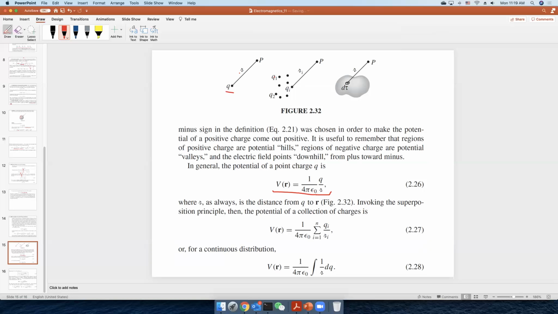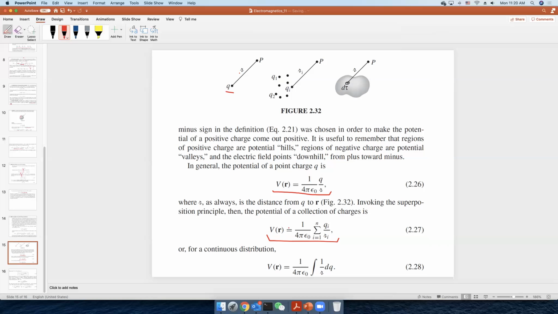If you have multiple charges, Q1, Q2, until Qi, and you want to calculate the potential at P, you can do a sum of the potentials generated by each charge, which is described in this equation. This is the sum of potentials generated by Q1, Q2 until Qn.